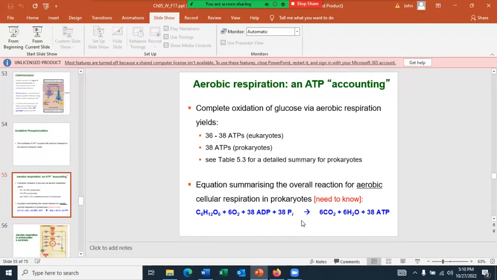Now remember, the oxygen is not converted into CO2, it is converted into water. All of the CO2 comes from the burning of glucose. Any question about any of that?